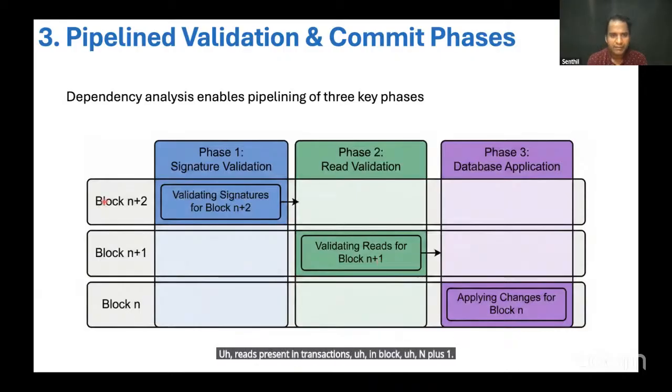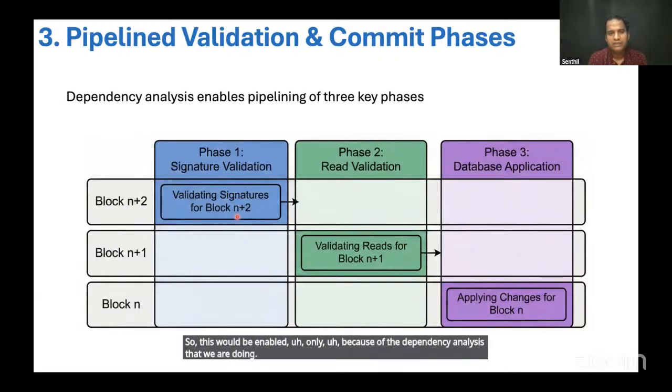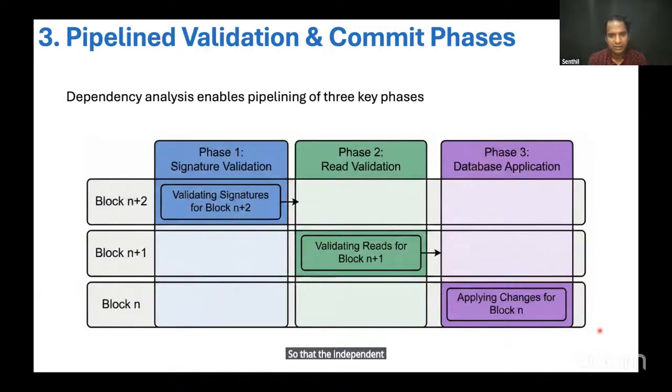At the same time, for block n+2, the signatures can be validated. This would ensure that all the phases are active, and we can process multiple blocks at a time, not just one block. This is enabled only because of the dependency analysis that we are doing, so that independent transactions can go into these phases in parallel. Okay, this is our third idea.